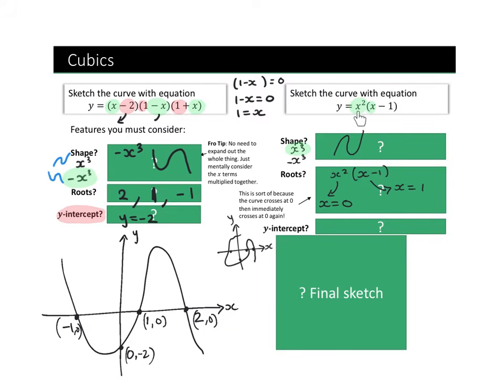When I have just one bracket and something on the outside, if I multiply x squared times x, I get x cubed, x squared times minus 1, I'm going to get minus x squared. So actually, my y-intercept is in fact 0, because there is no constant term. So y equals 0. Okay, so now what's going to happen? We're going to get our sketch ready.